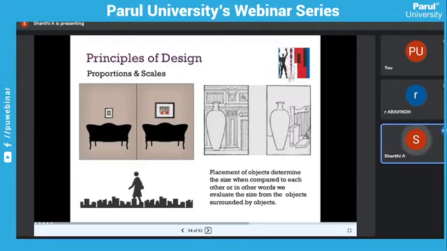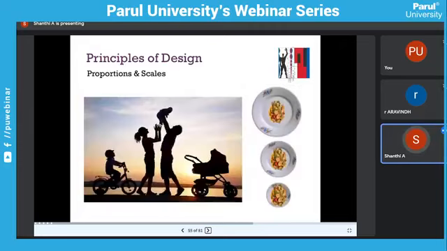So scales and proportions are generally measured based on the surroundings that we occupy. This is a balanced thing, a symmetrical balance where we can see all the proportions, small and large, but it is a very good proportion. We can see the good proportion of this thing: this height, this height, everything.